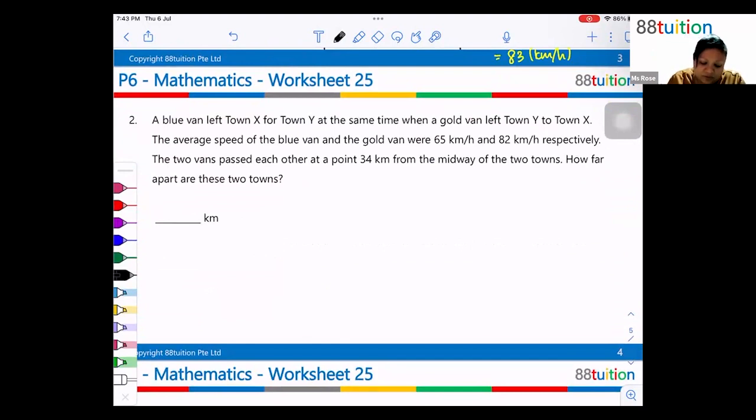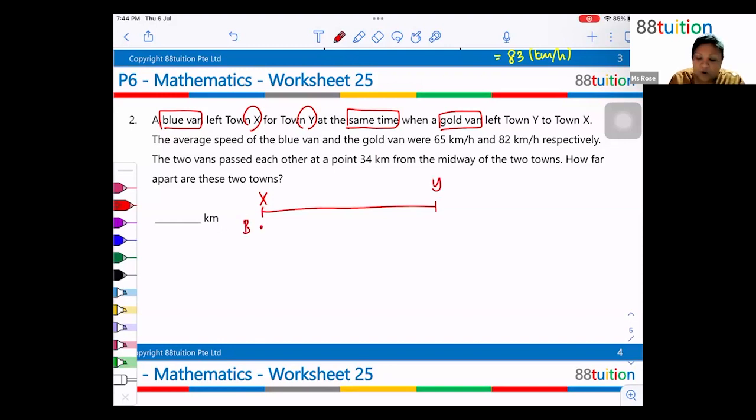So in question 2, we have a blue van and a gold van. A blue van left town X for town Y at the same time a gold van left Y for X. So blue goes from X to Y, whereas the gold goes from Y to X. This way, and blue goes this way.